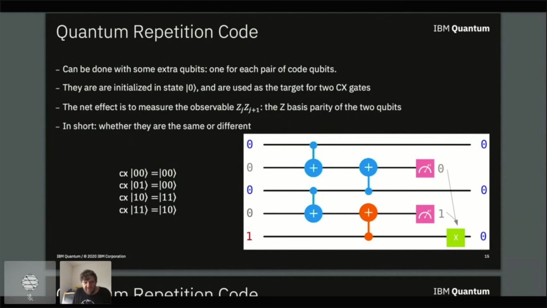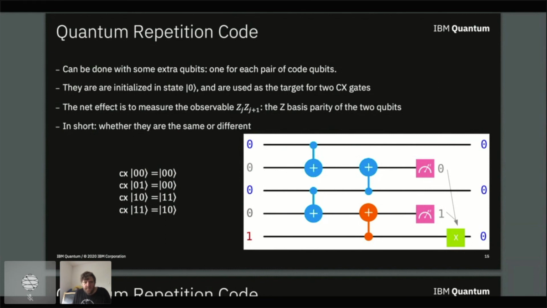So by introducing this extra qubit and by doing these controlled NOTs, we have found a way to not measure the qubits themselves, not get any information about what their value is, except that we are comparing whether they're the same or different. So we take a pair and we say, well, you could be 0, 0, or you could be 1, 1, or you could be some superposition of that.